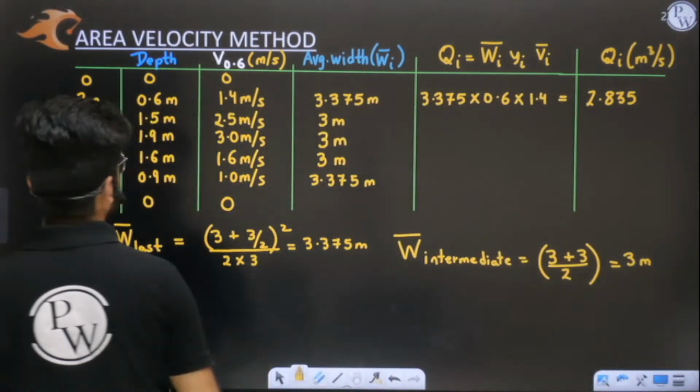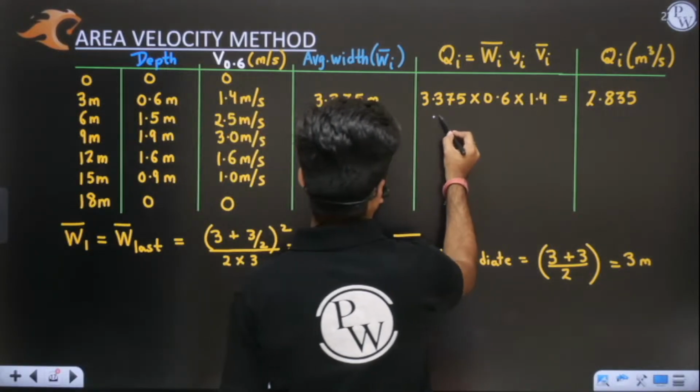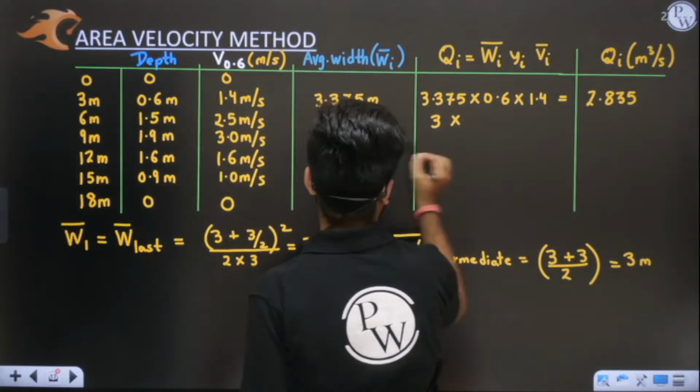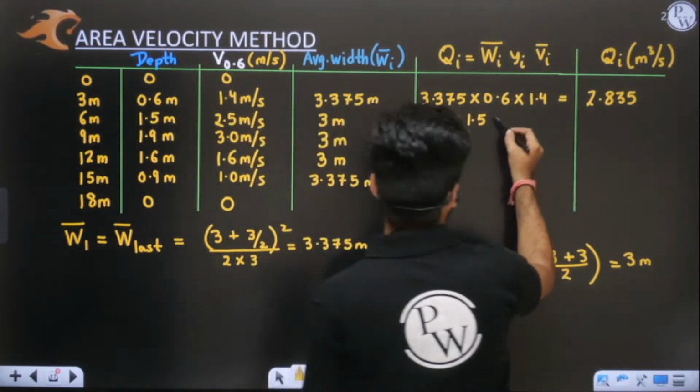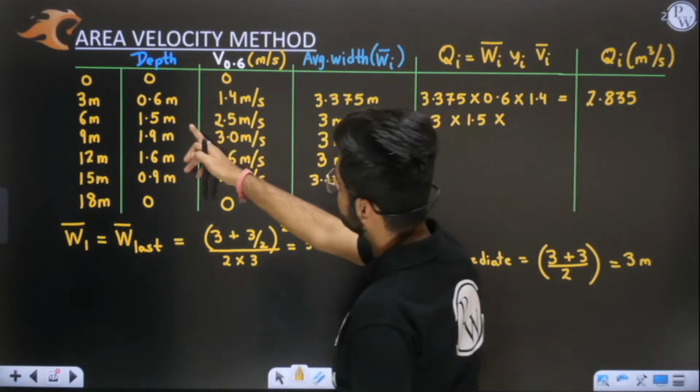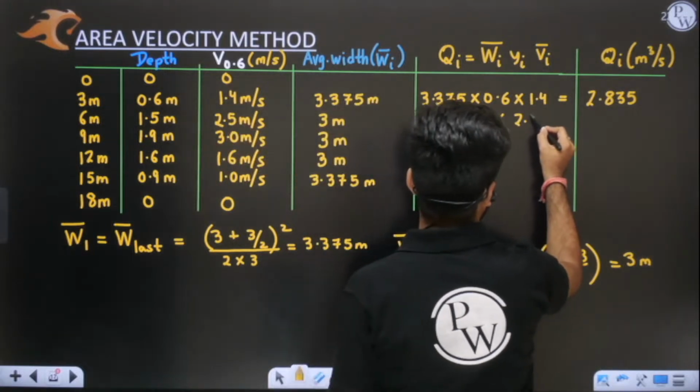Second segment: 3 meter width into depth 1.5. Consider your segment as rectangular, into speed 2.5.